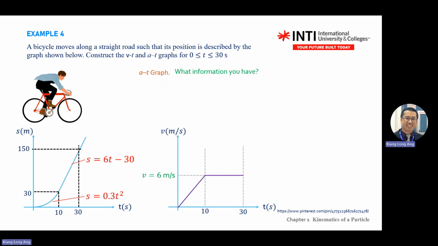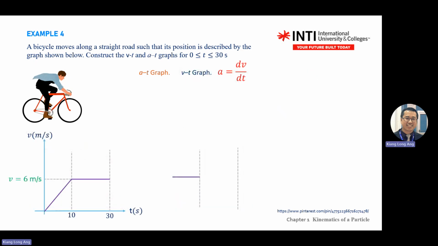Okay, the a-t graph, I will put it as your homework, but all the information is there. It's the same, but in principle, when you have a v-t graph, how do you get a-t? What procedure do you use? Integrate or differentiate? Differentiate. Repeat the same process, you will get the answer. I give you the answer.